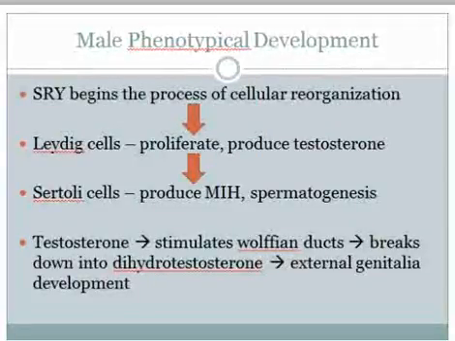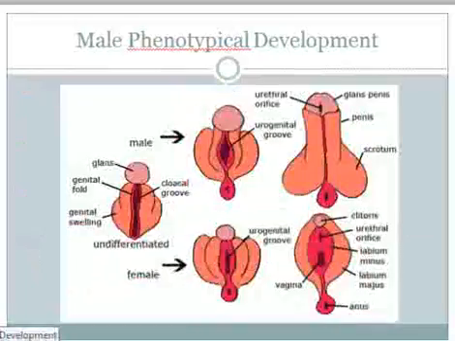So then just looking at testosterone that's made by the Leydig cells, they would stimulate the Wolffian ducts for the male genitalia, and the testosterone itself breaks down into dihydrotestosterone, which is responsible for external genitalia development, as well as thinking about puberty down the line.